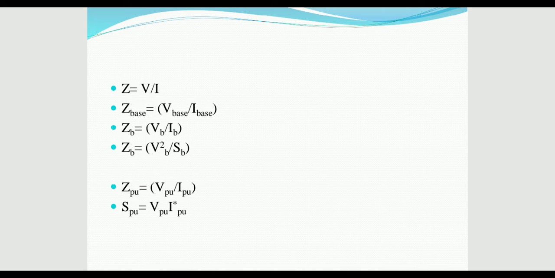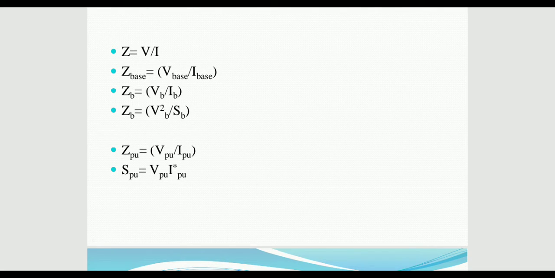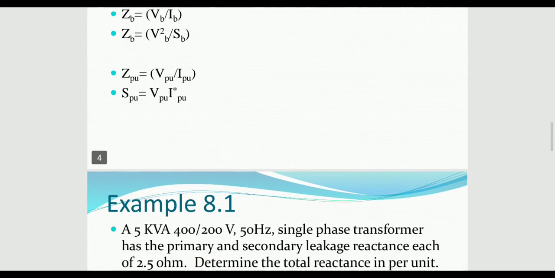Or else, by using this equation I can rewrite the base impedance in terms of V square by SB, where S indicates the power, that is nothing but the base power. In a similar fashion I can calculate the value of base impedance per unit, as well as the value of base power or power in terms of per unit.